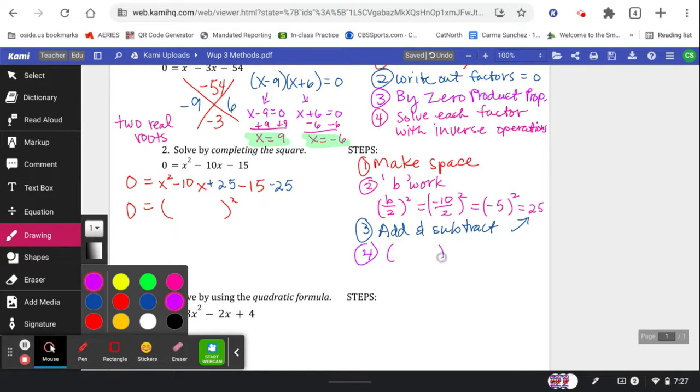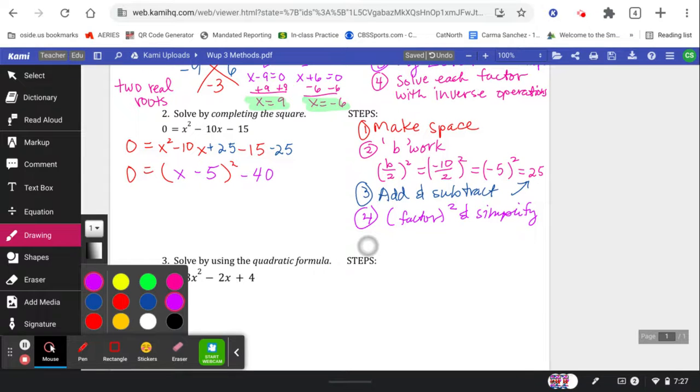So step 4, what are those perfect square factors? And simplify at the back. Like, what is negative 15 minus 25? You got it? And this is the x minus 5 squared factors.